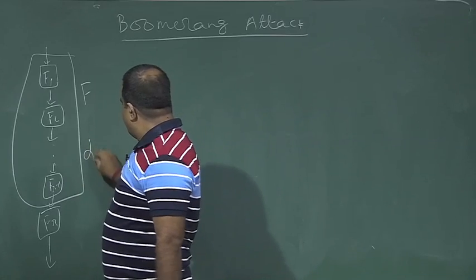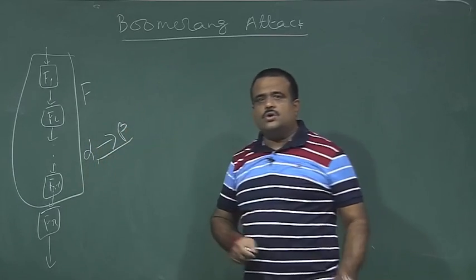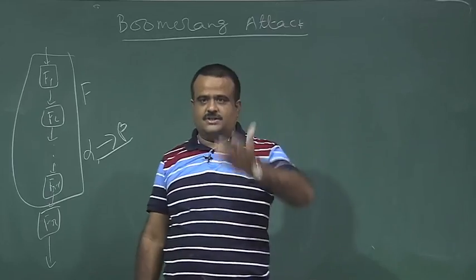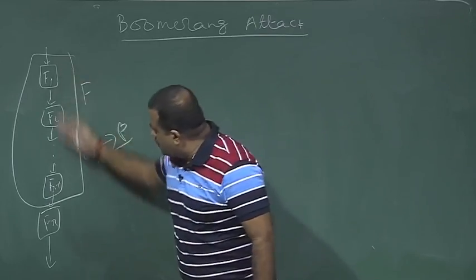We look for a difference alpha going to beta over this long round. That difference may or may not exist. That is the problem with differential attack, because this is a long round.